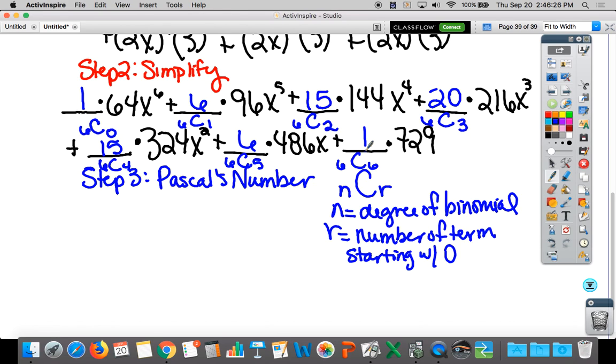Now, any questions on finding those? I'll show you a little bit of Pascal's triangle here in a minute too. So the last step, and I'm going to put this in blue also, step 4, is to now just simplify again. And we are multiplying. So take a minute and go through and see where I have the multiplication symbols here.